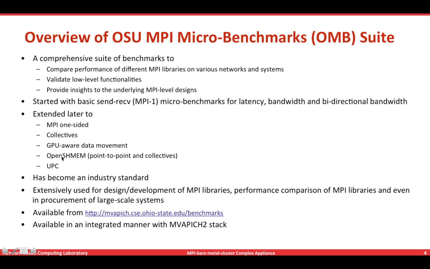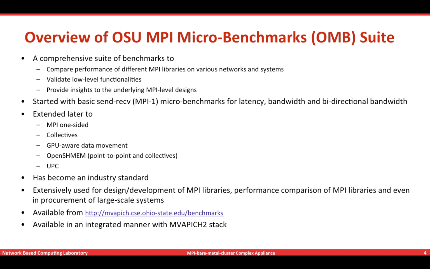Because the MPI plus PGAS hybrid programming model is becoming very hot, in OMB we have included some OpenSHMEM point-to-point and collective benchmarks, and we also support UPC benchmarks for the PGAS programming model.